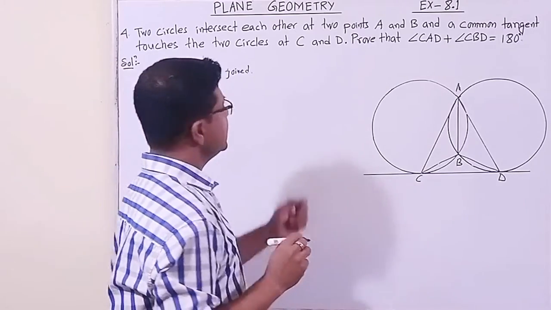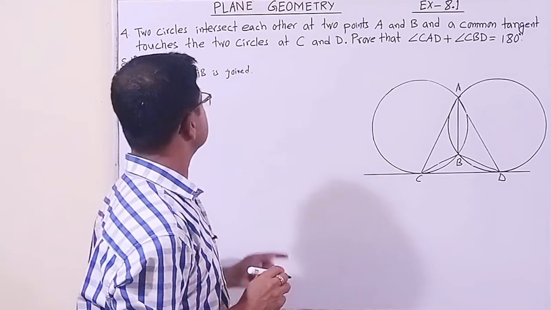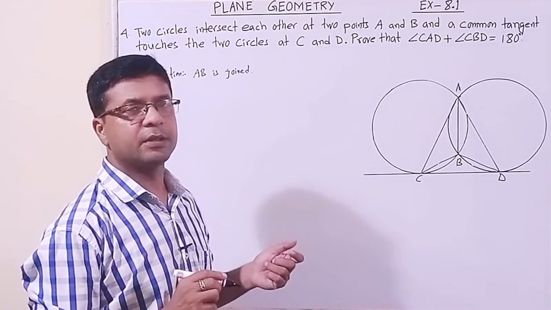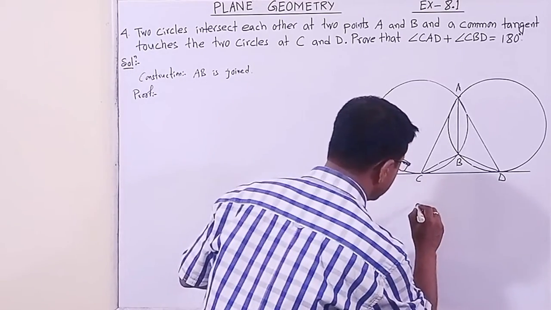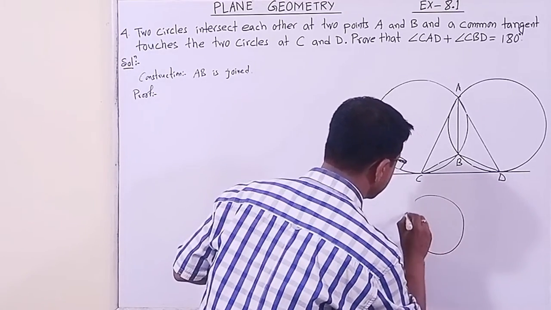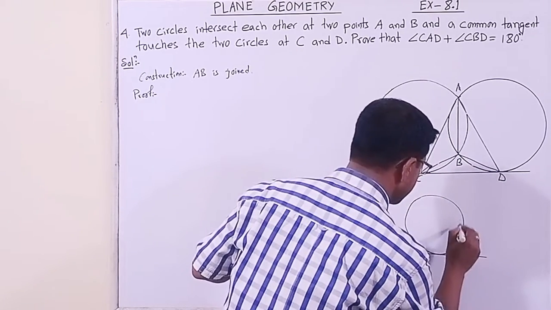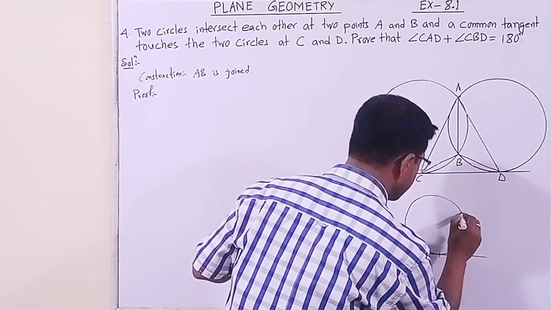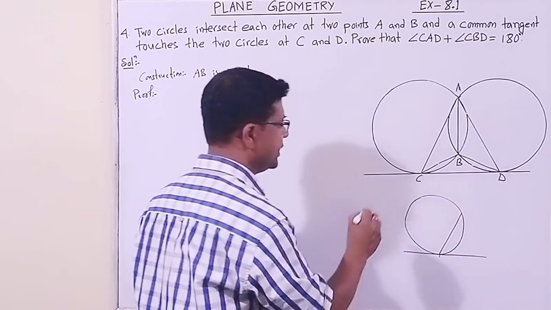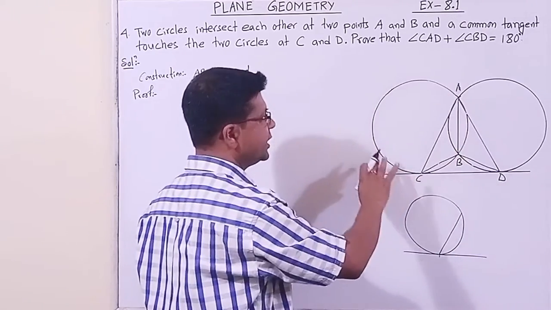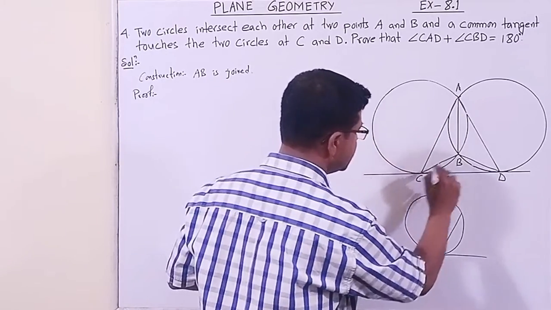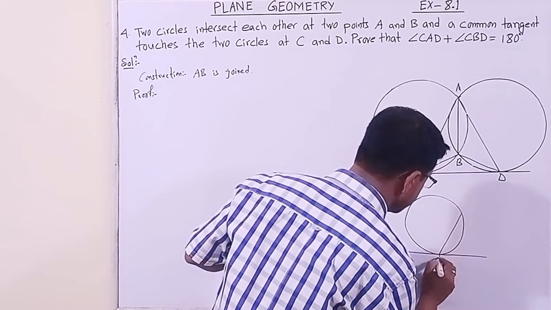Now here again, this solution is based on the alternate segment theorem. What was the alternate segment theorem? We want to know it a little bit. This is a tangent. If we consider this circle, CB is a chord.